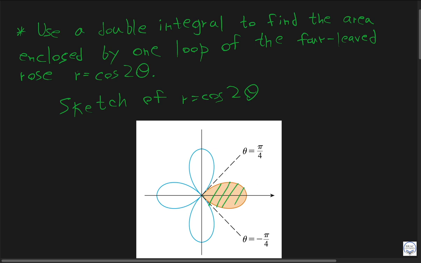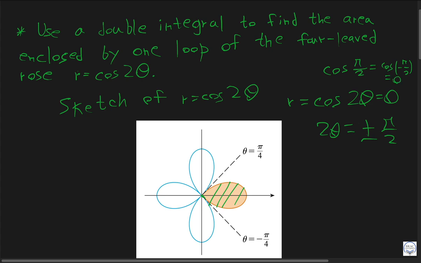So when does this loop reach the origin? To find that, all we need to do is solve for the zero of r. When is r equals cos 2 theta equal to 0, for what values of theta? So it's easy. Twice theta equals plus minus pi by 2, because cos pi by 2 is 0, and also cos minus pi by 2 is 0.